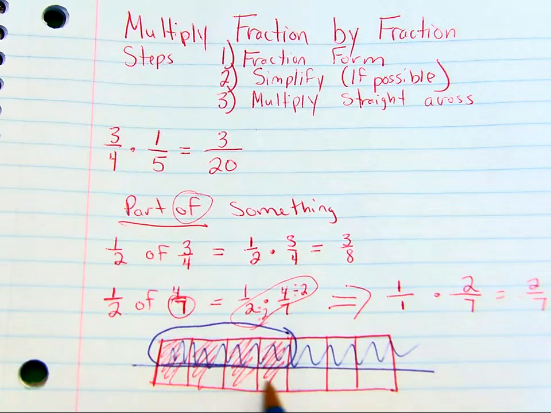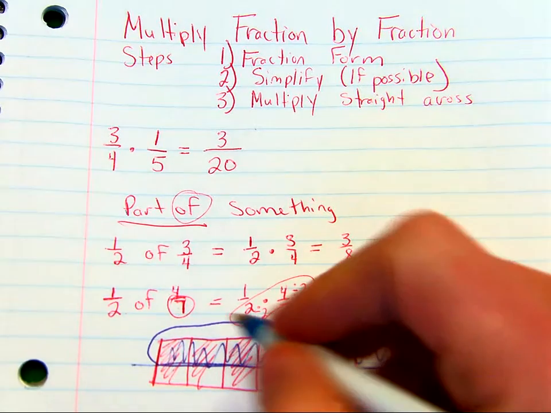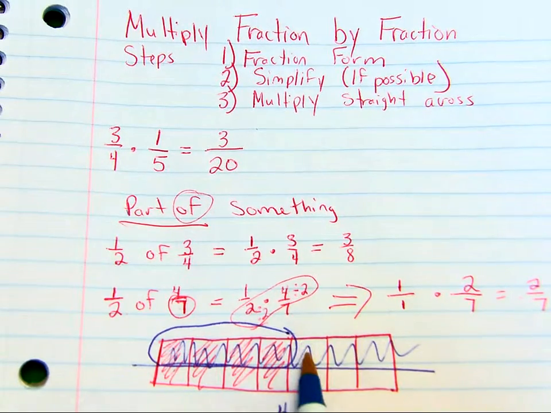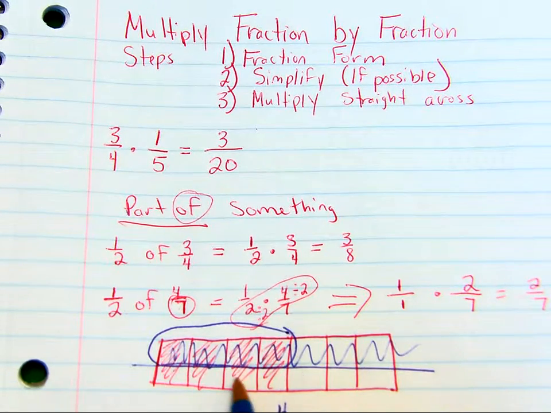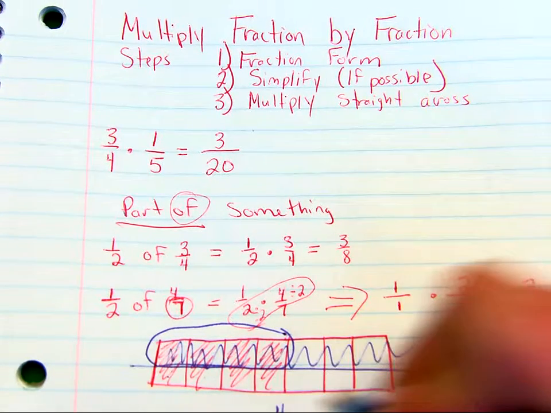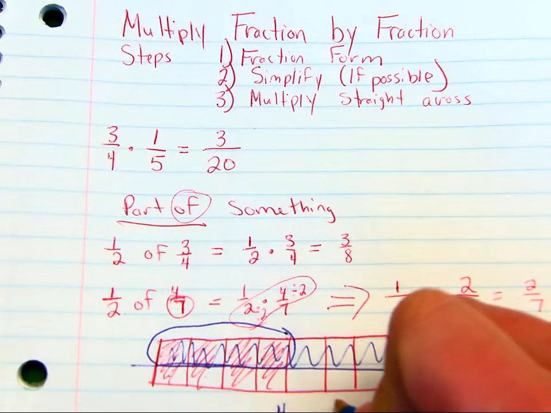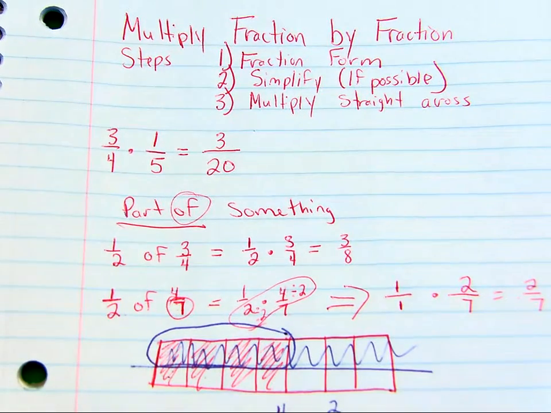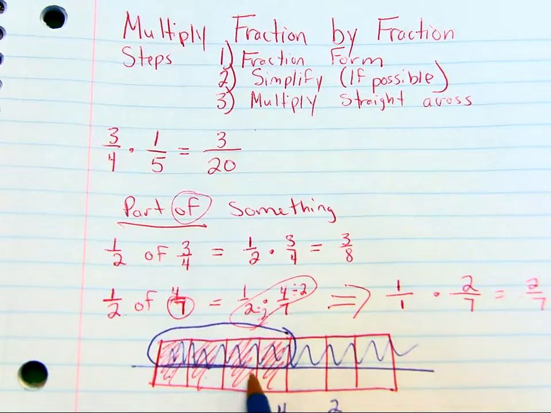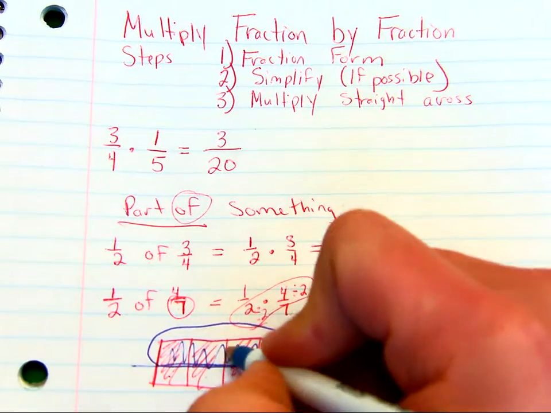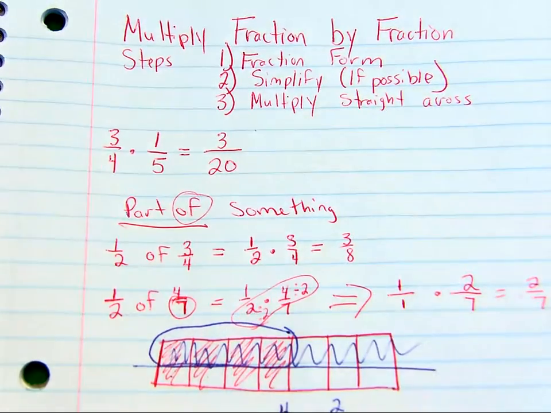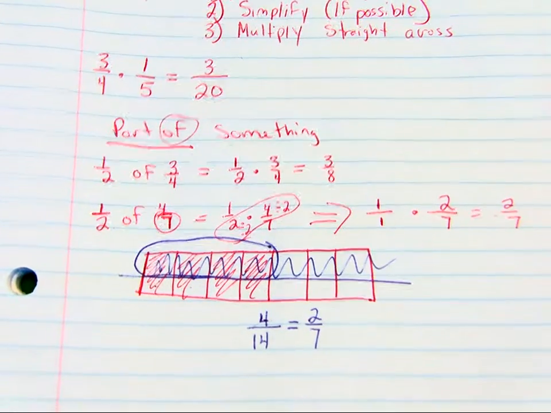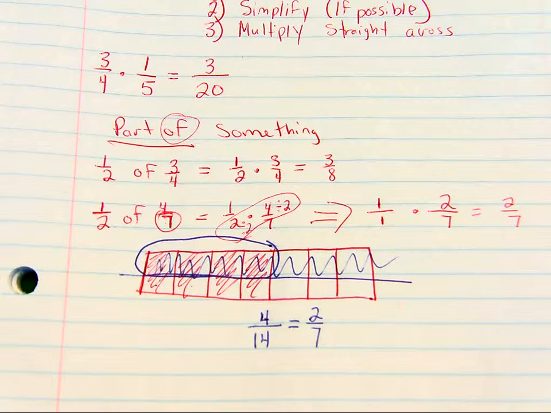I took 4/7 and I'm taking half of it. So now there's 1, 2, 3, 4 pieces out of 1, 2, 3, 4, 5, 6, 7, 8, 9, 10, 11, 12, 13, 14. 4/14, which if I divide each one by 2, 4 divided by 2 is 2, 14 divided by 2 is 7. 2/7. I could have also thought of it as I need to take half of it, so I'm going to take 2 out of the 4 pieces. That is modeling a fraction by a fraction, and just how we multiply them.